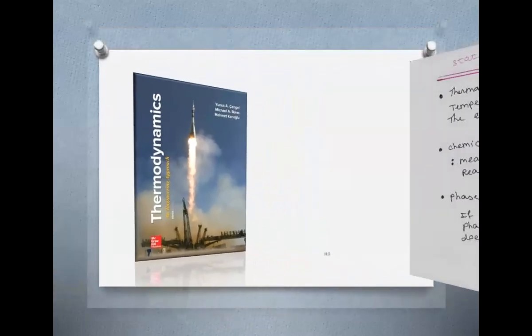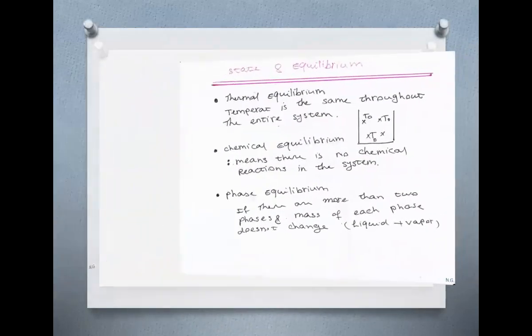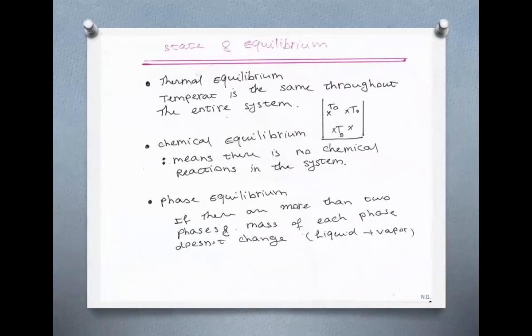We want to talk about state and equilibrium. There are different types of equilibrium. You hear this term thermal equilibrium, and that's where the temperature throughout the entire system is the same. Then we say that it has reached thermal equilibrium because temperature is uniformly distributed throughout the whole system.